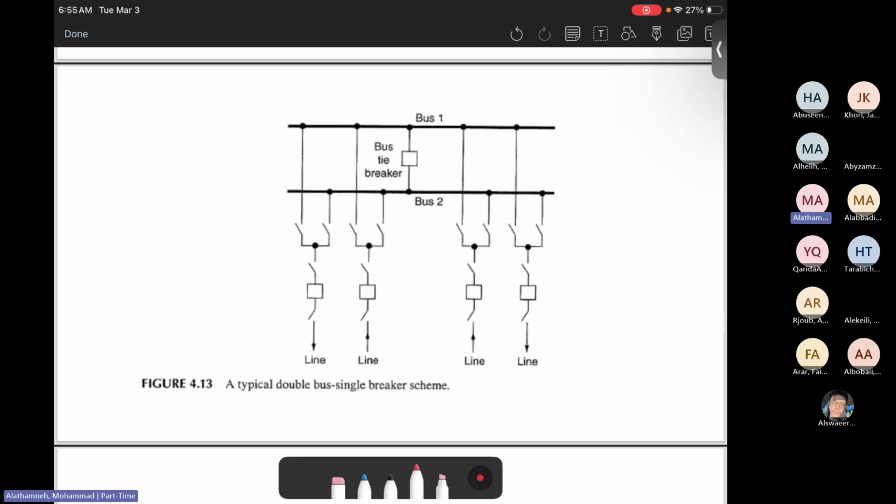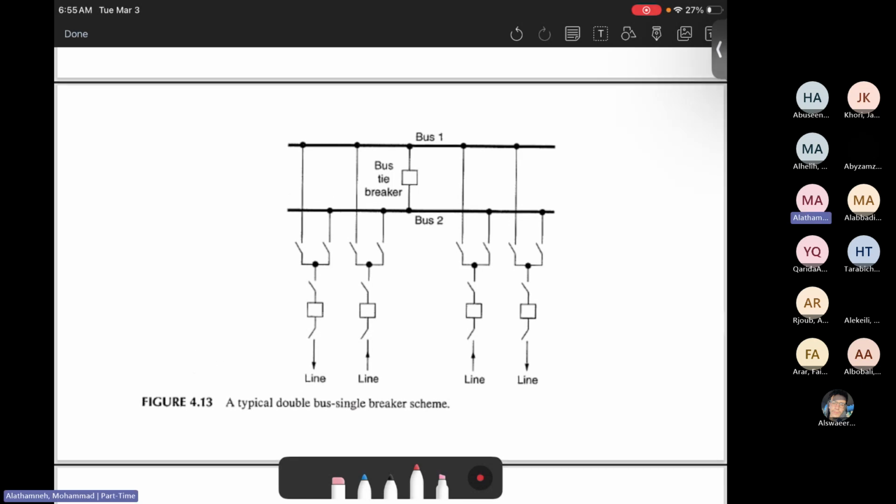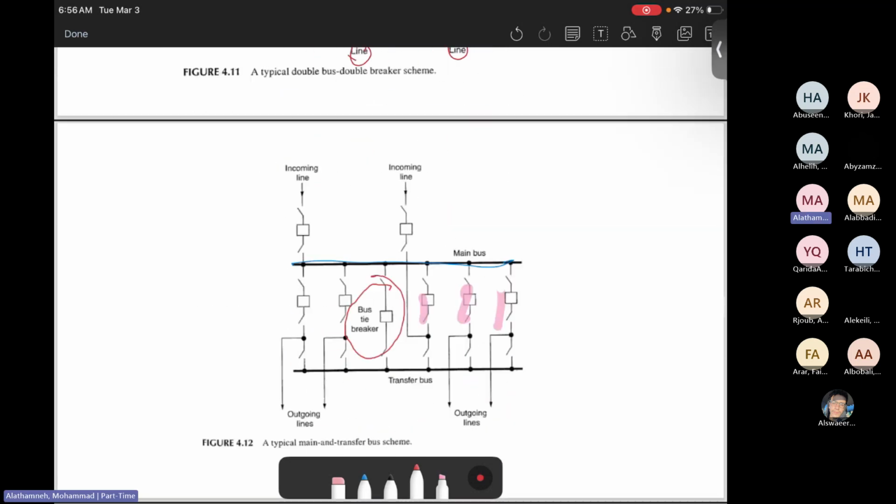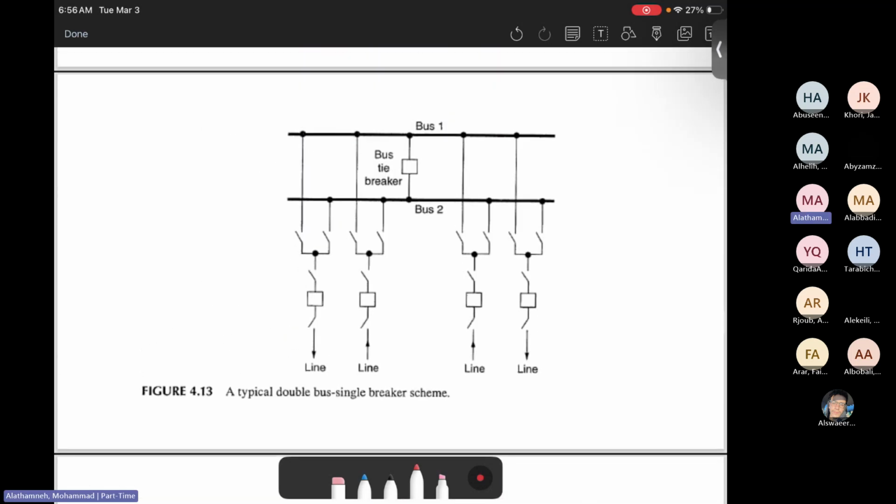Other modifications, double bus single breaker scheme, which is very similar to this one, but we are making it double bus. We have two buses and a single breaker, such that each line has its own breaker.